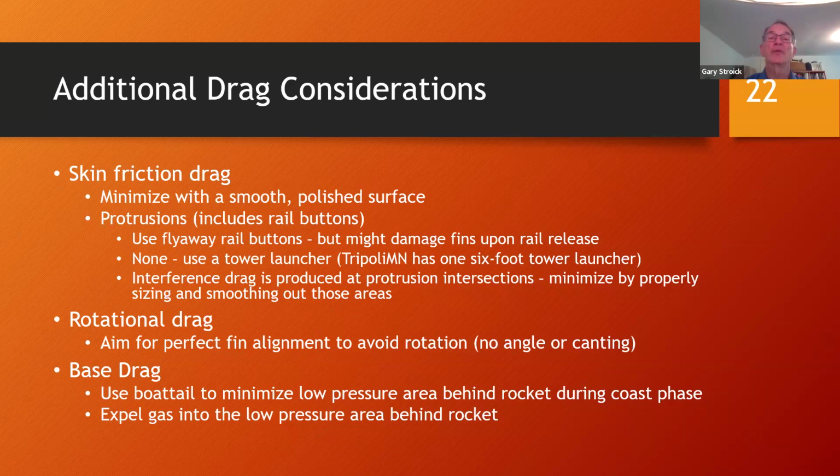You need to keep in mind that these tools we're using, like OpenRocket and RockSim, have different drag levels for your skin friction. I'll just use RockSim as an example. They have four options: polished, gloss, a medium one, and a rough one. Gloss would be like a car finish.